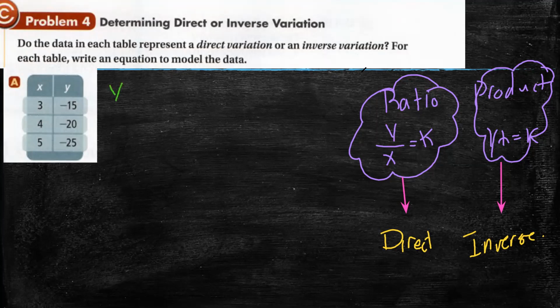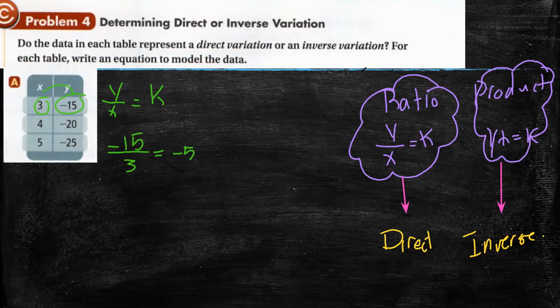Let's check the ratio, y over x. Is y over x the same for each pair of numbers? Let's see. Negative 15 over 3 is negative 5. So here I divide y over x.